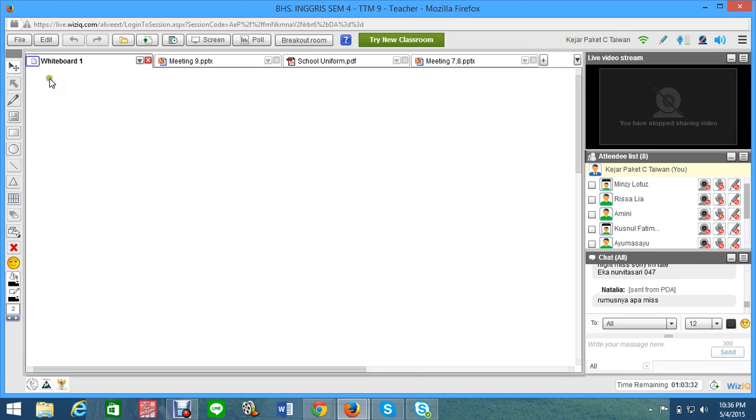I will show you the formula of present perfect tense: subject plus have, has plus verb 3 plus complement. Jadi complement ini bisa objek, bisa adverb of time. It is up to you. Okay. Subject, have, has plus verb 3 plus complement.